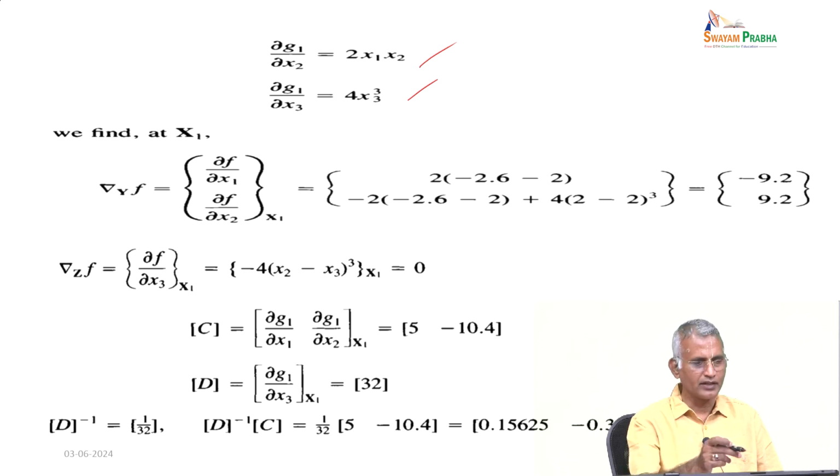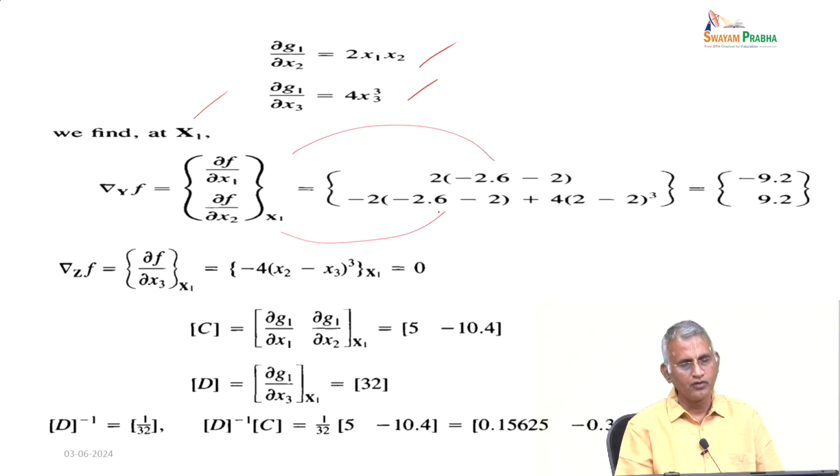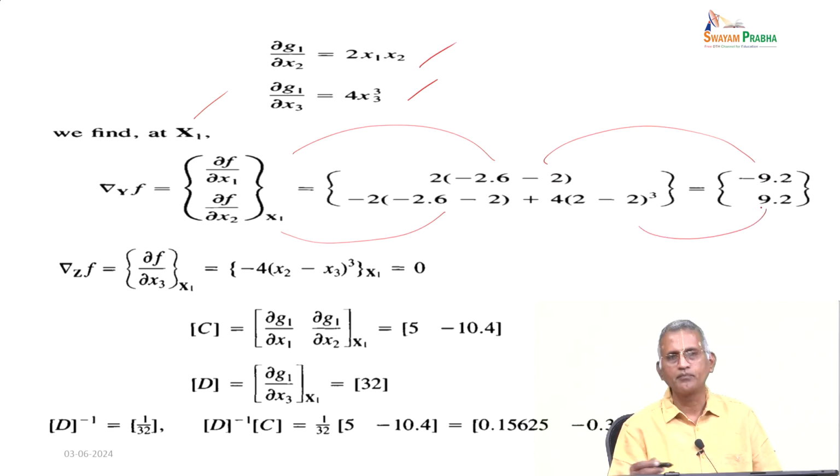So, we find at x1, the rule is delta y f equal to ∂f/∂x1, ∂f/∂x2 at x1. So, ∂f/∂x1 we already found out, ∂f/∂x2 is twice of (minus 2.6 minus 2) plus 4 into (2 minus 2) the whole cube, which implies minus 9.2.